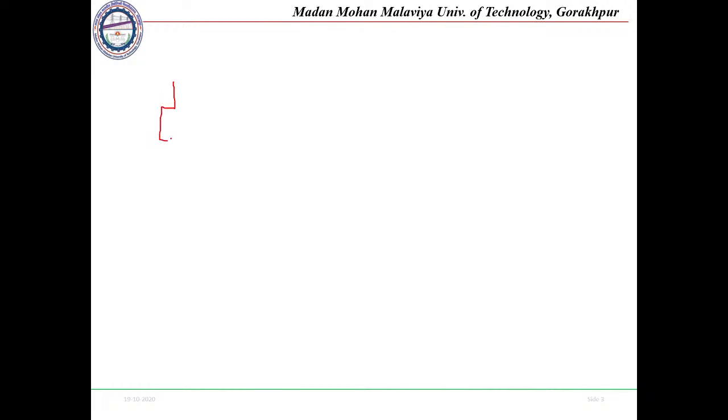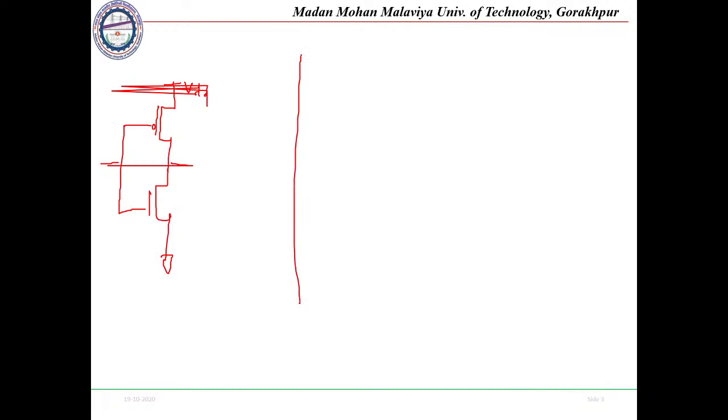Suppose an inverter is there. So once we go for layout designing, we will be designing NMOS and PMOS. So in that, suppose this is your complete window.